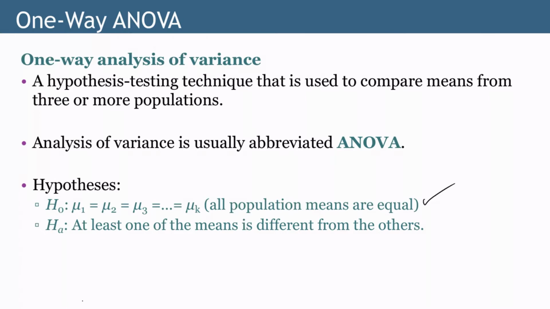And then remember, mathematically, logically, the opposite of all equals is at least one is different. Because if one of them is different, then that means that the null, them being all equal, is false, right? And so it is a logical opposite there. So at least one is different. So that's what your null and alternative will always look like.